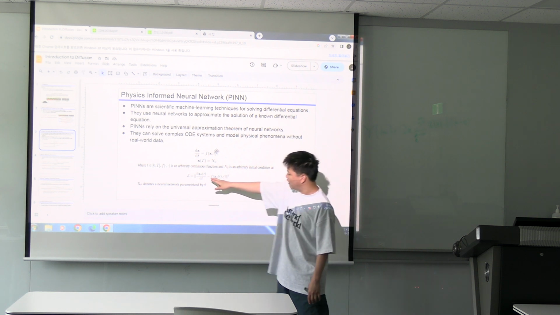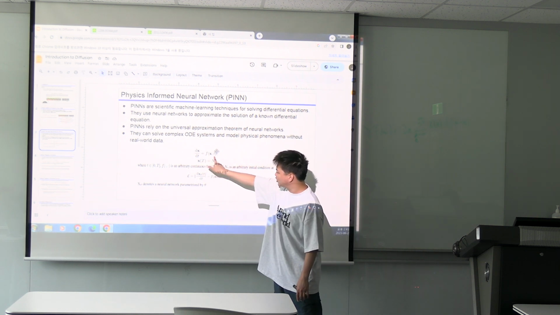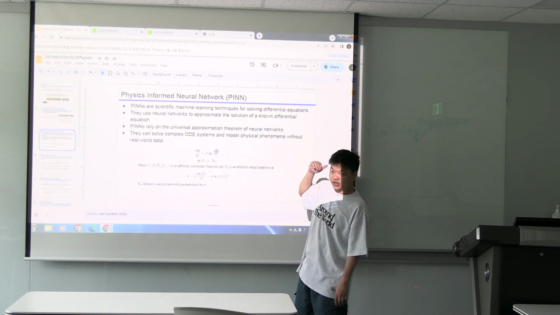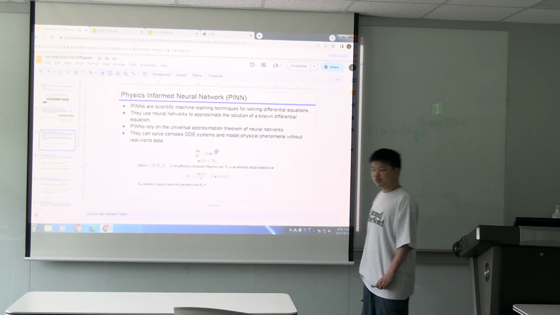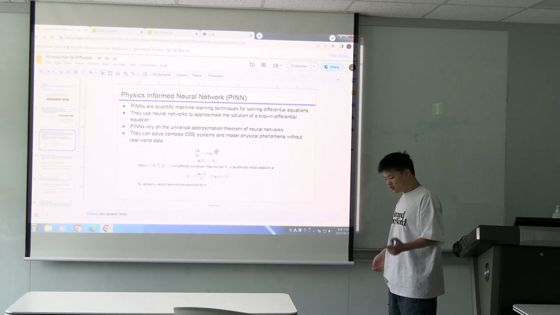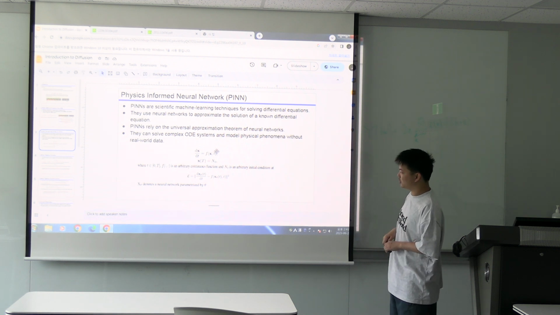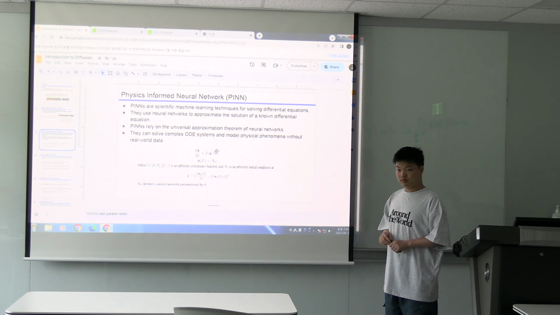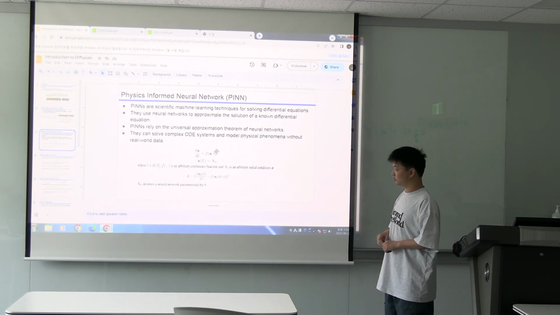By reducing this loss, x theta of t can be a solution to this ODE system and therefore be a model of the trajectory. So you can model trajectories by reducing the residual loss, and model the x by theta. Does that make sense?